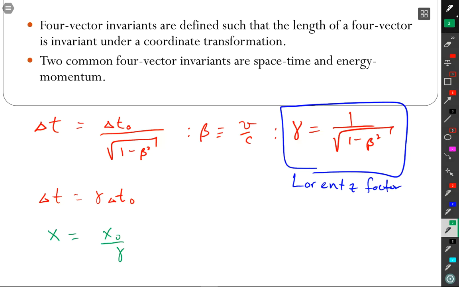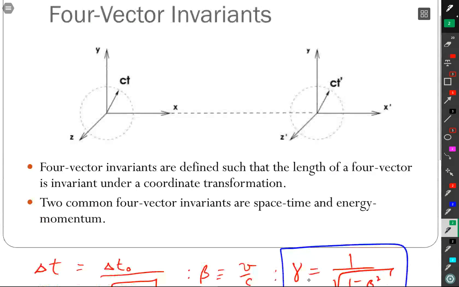And he's correct. Both are correct. And so the length was shorter for the moving one. We didn't get into the details of it, but we called this the proper length. The x subscript 0 is the proper length, and then x is the contracted length. So we had dilated time, contracted length. Those are our starting points here.